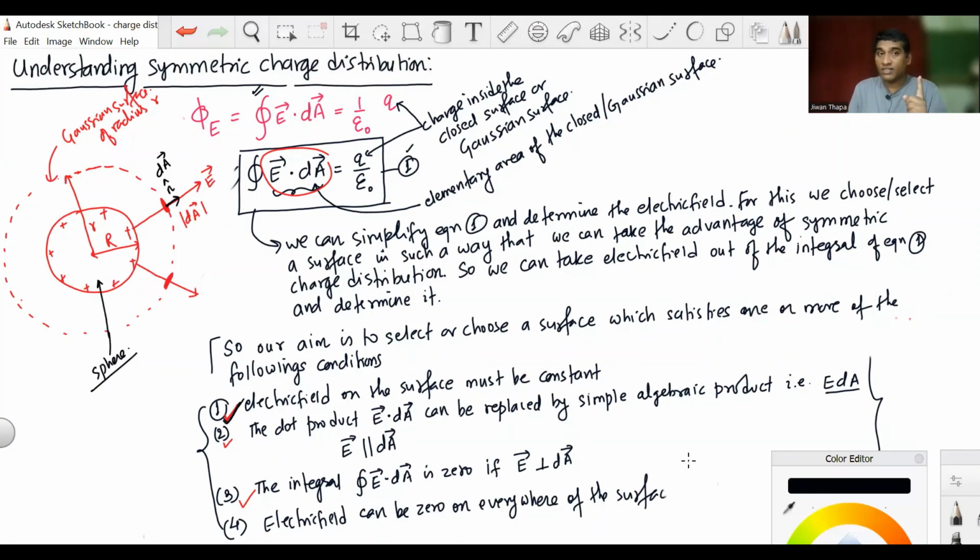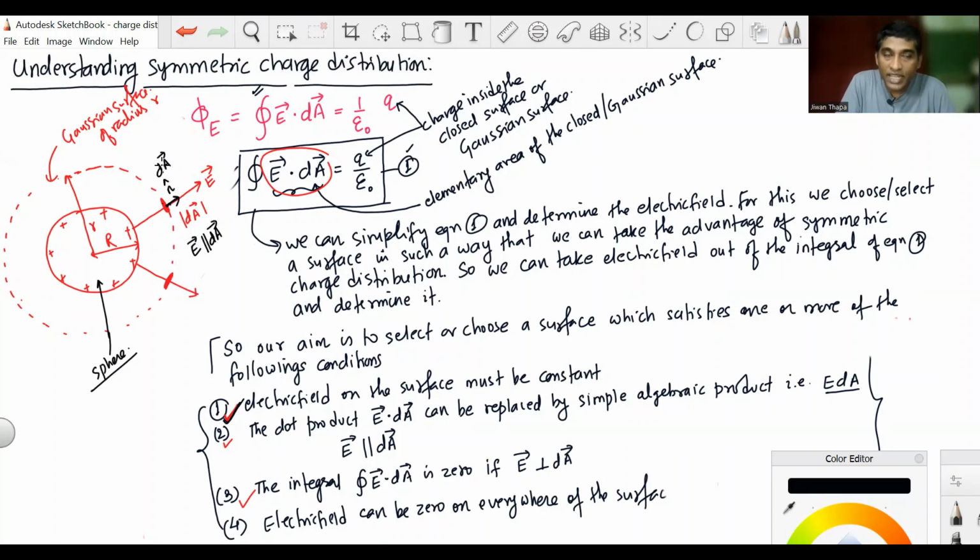So condition first is satisfied, and what we can see is that electric field is parallel to the area vector. We can see area dA is acting in outward direction, along the direction of n cap, and n cap is the unit normal.